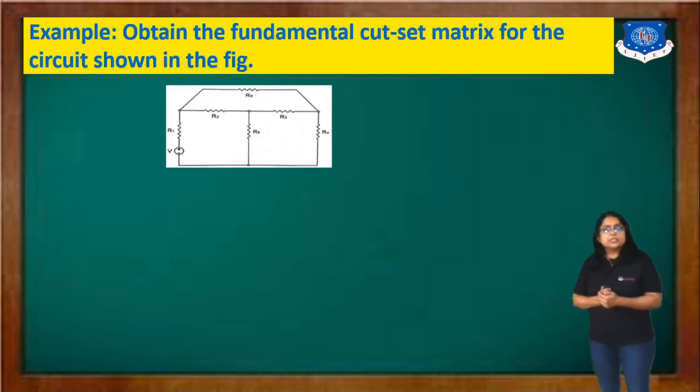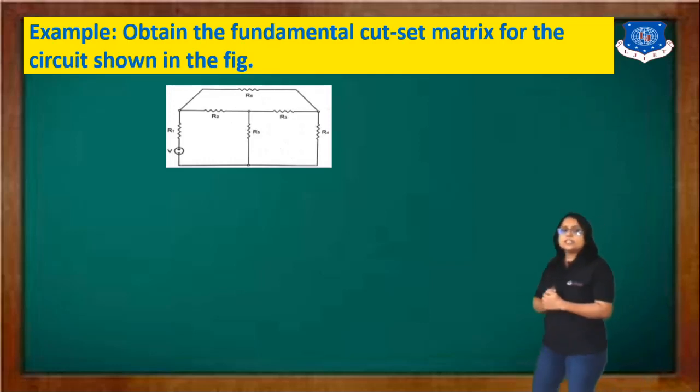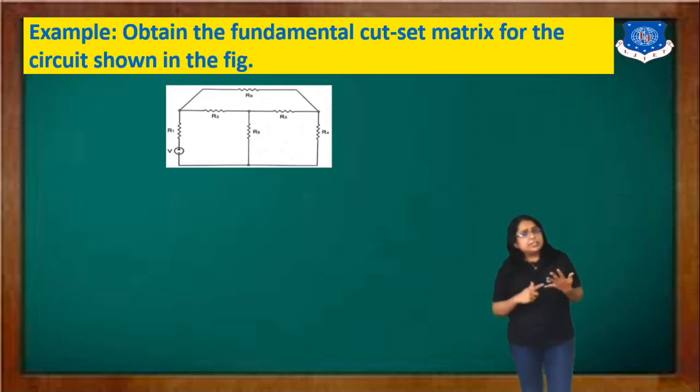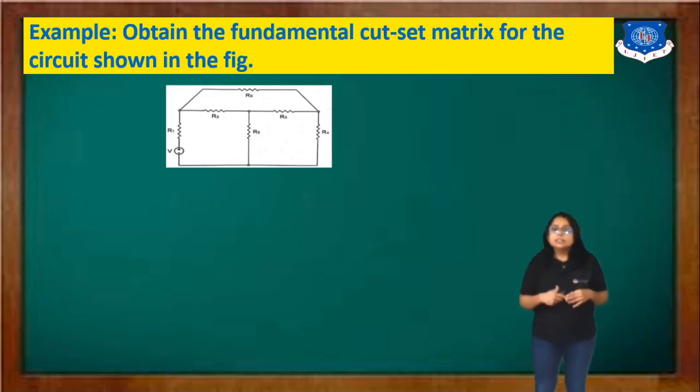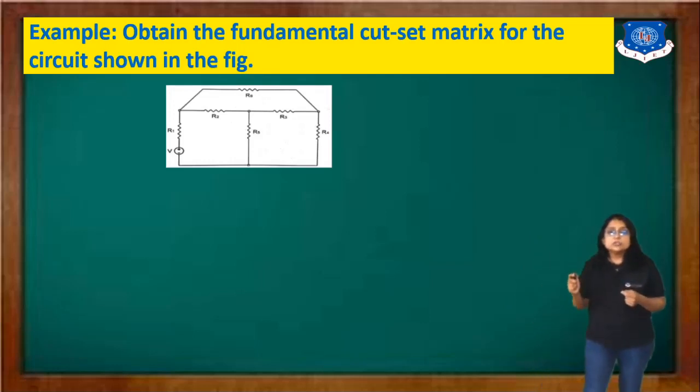How can we prepare the graph? If any resistor, inductor, capacitor or voltage source is there, then we can replace that with a line segment or short circuit. And if any current source is there, then we can replace that with an open circuit.